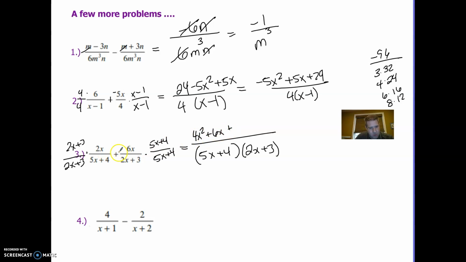Now add that to the other side. 6x times 5x is 30x squared, and 6x times 4 is 24x. Now I can simplify this a little bit, and then we'll see what we can do from there. The x squareds can go together, so that would be 34x squared, and 6x plus 24x makes 30x, and put that over 5x plus 4 times 2x plus 3.